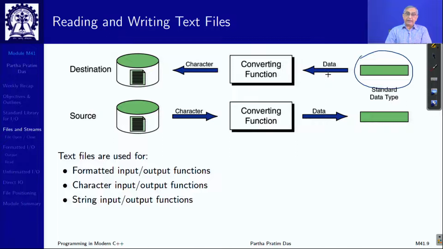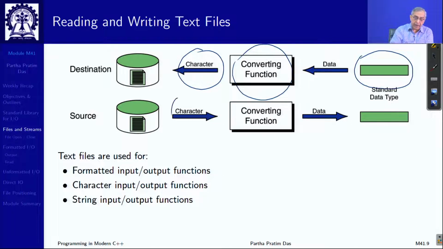So, you take that and you apply a conversion function, so that the data can be suitably represented as a sequence of characters. This is important, because a text file is simply a sequence of characters, and then you put that in your destination.